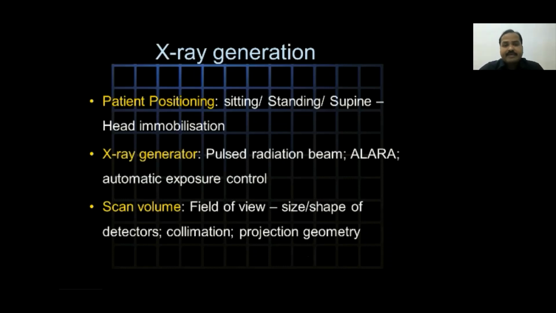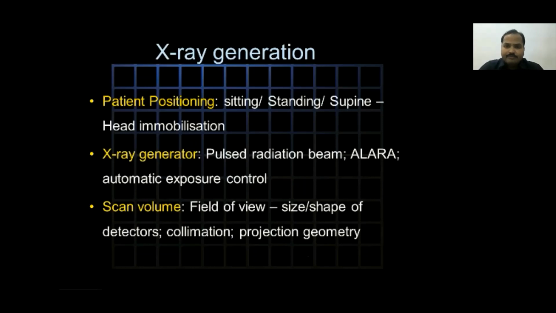So the second thing is the X-ray generator. Now X-ray generator is utilized in such a manner that the exposure of the tissues is minimized. So to make that possible, pulsed radiation beam is utilized. It means whenever the acquisition is taking place by the detectors, certain algorithmic changes are certainly taking place at the same time, simultaneously, for the formation of the image at the time of acquisition of the image by the detectors.